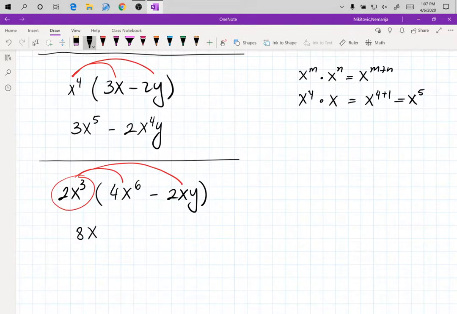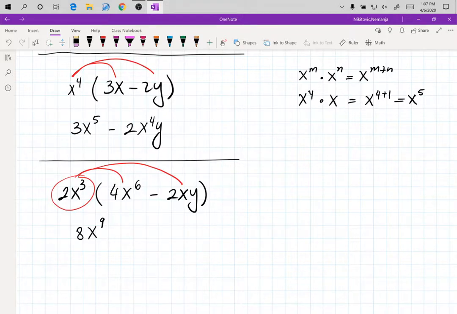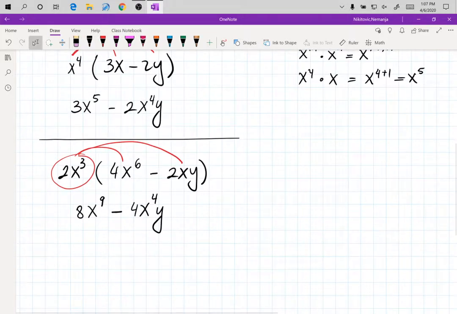And then we have x, 3 plus 6 is 9. We always use the rule which tells us that we add exponents when we are multiplying two terms with the same base. And then we have minus 2 times 2 is 4. Then x, 3 plus 1 is 4, and we just have this y hanging around.